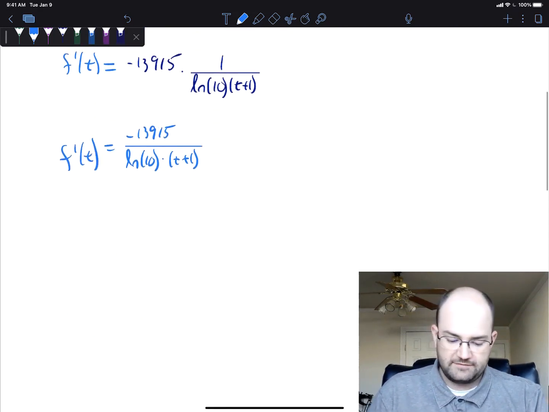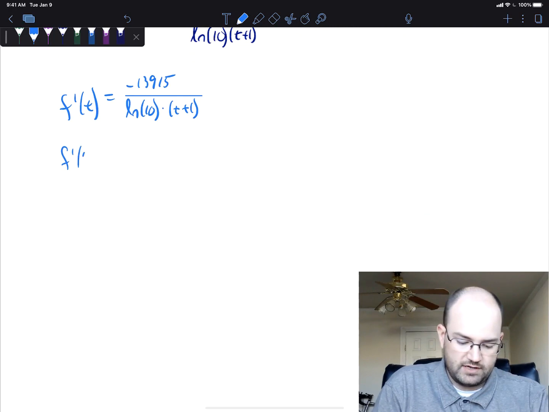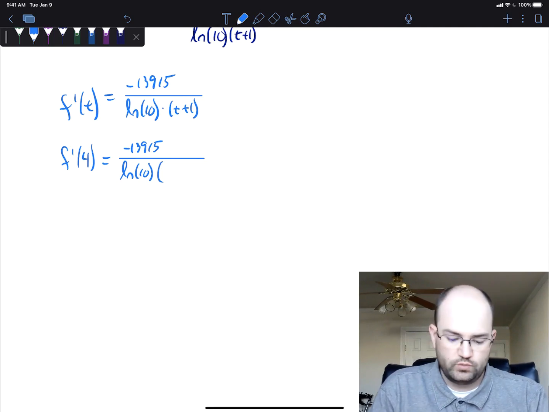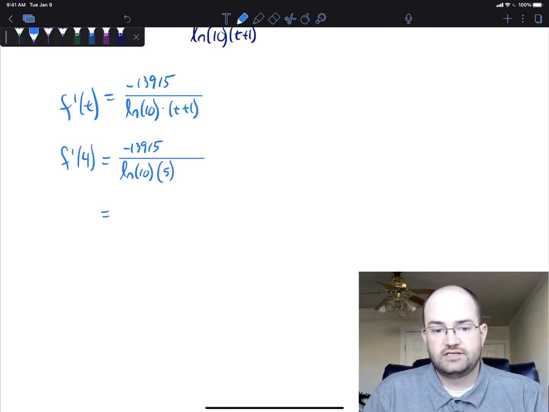Now what that means is I can figure out what is f prime of 4. So that would just be negative 13,915 over natural log of 10 times 4 plus 1, which is 5. Good. And again, I just need to type that in.